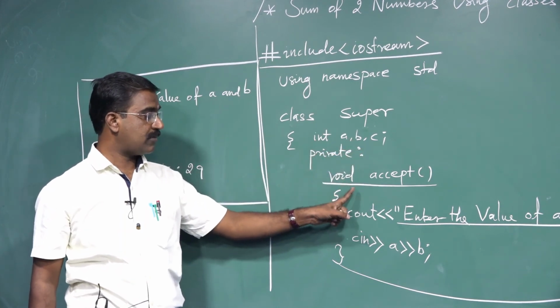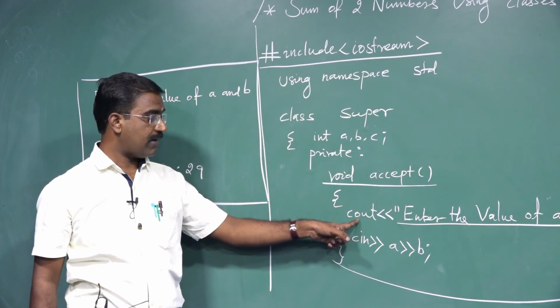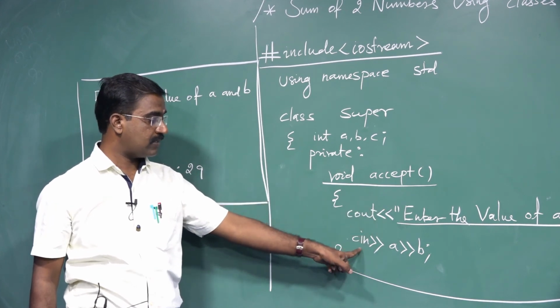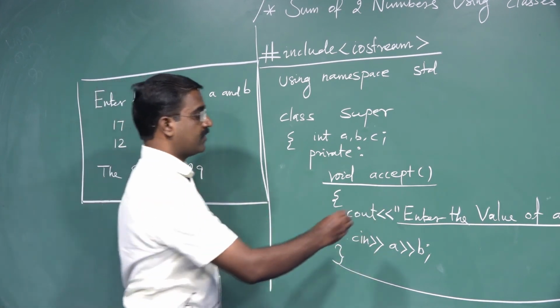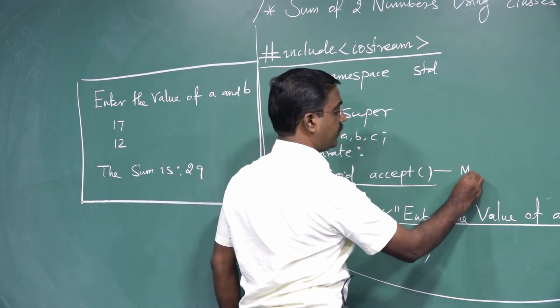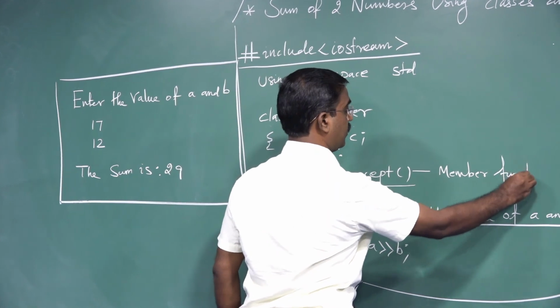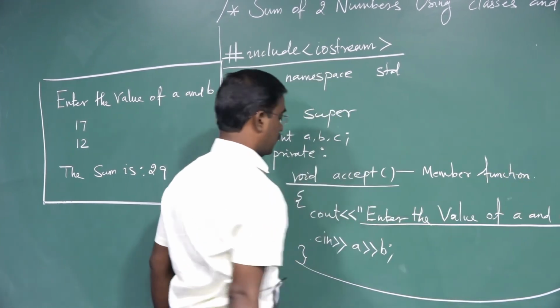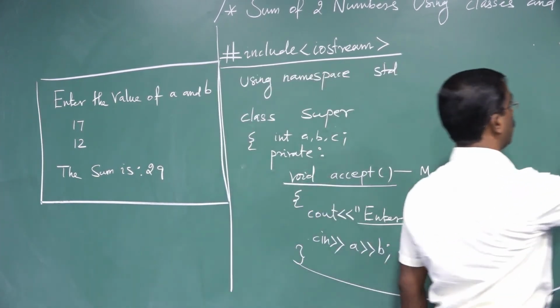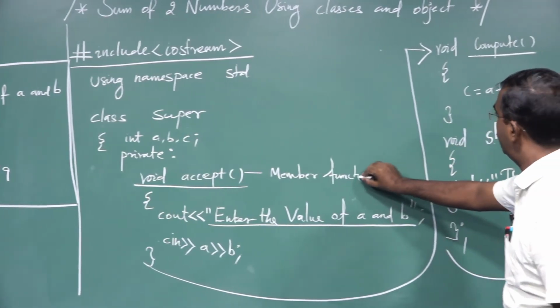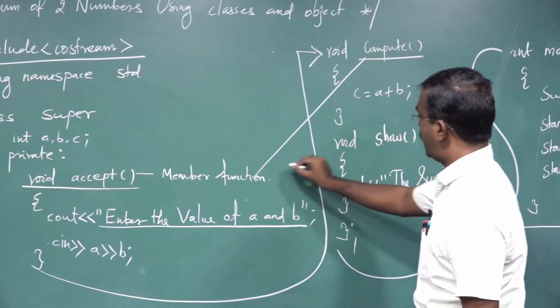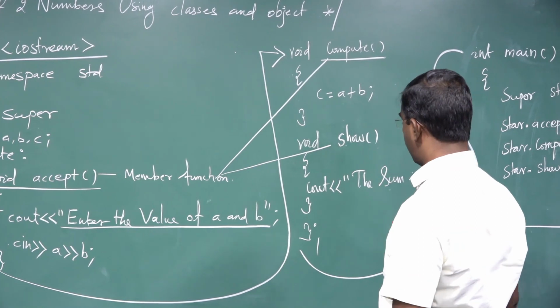Void accept is a member function, getting the value: enter the value of A and B. Compute is also a member function, and show is also a member function.